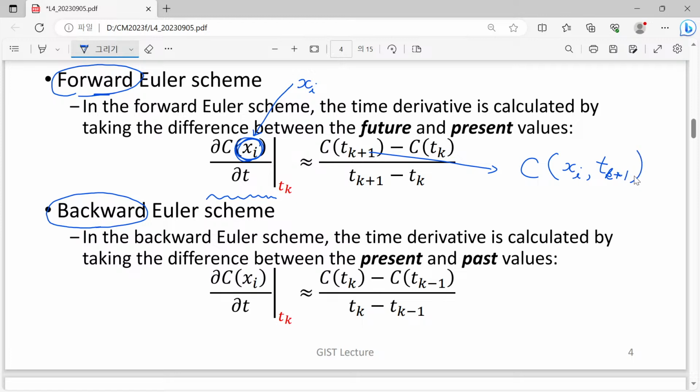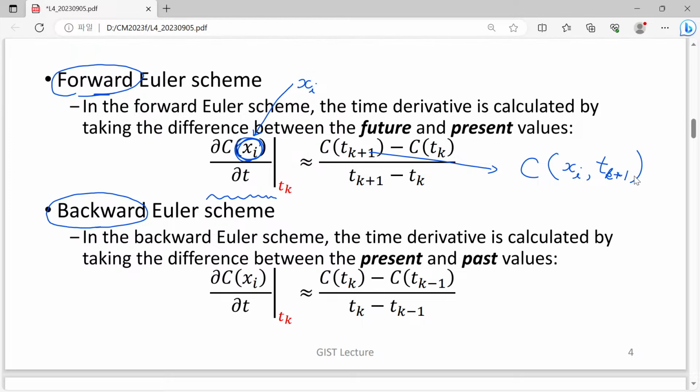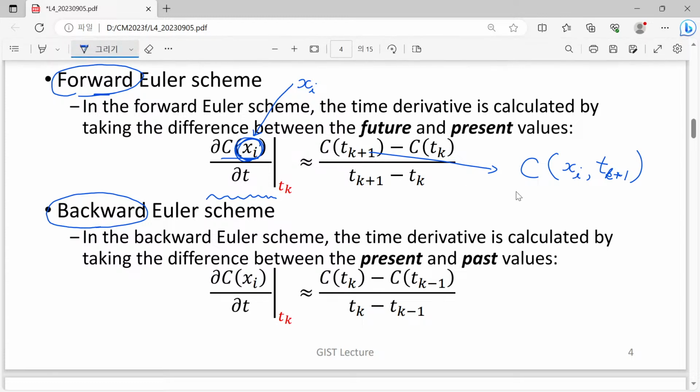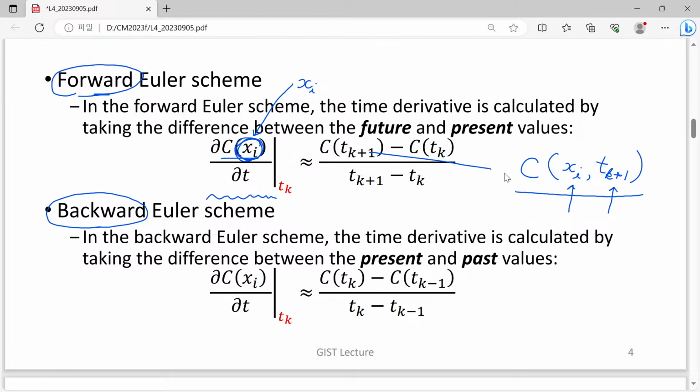Are you with me? Although I sometimes write c of x sub i and c of t sub something, in general you have to consider two input arguments to calculate this c value, and when one is obvious, then that is understood in this notation. So please don't be confused by this shorthand form. And the difference is like this.